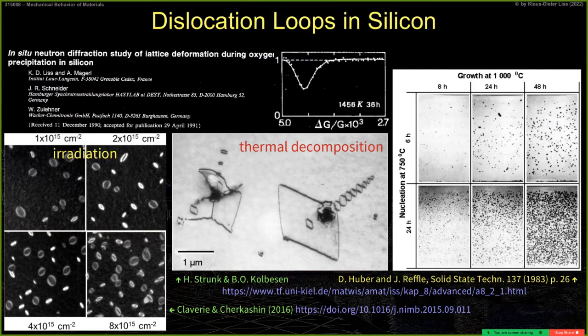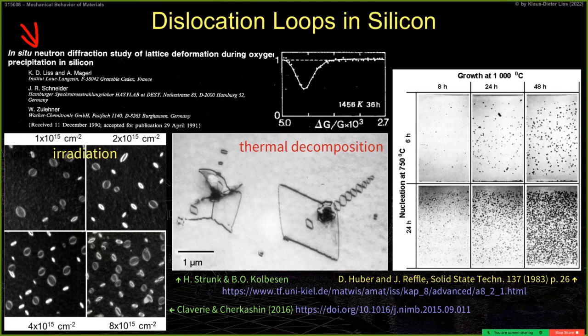Right, here also dislocation loops in silicon. This was my very first paper in my master's thesis, so to say. In situ neutron diffraction study of lattice deformation during oxygen precipitation in silicon.